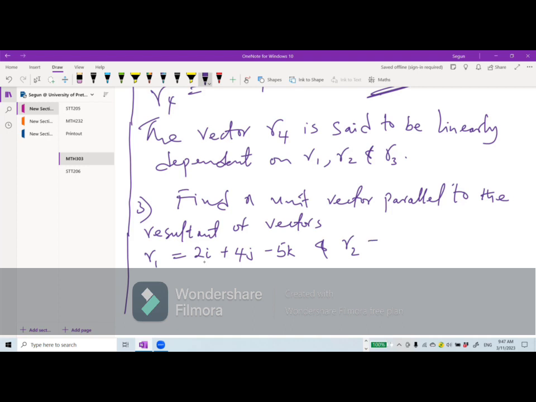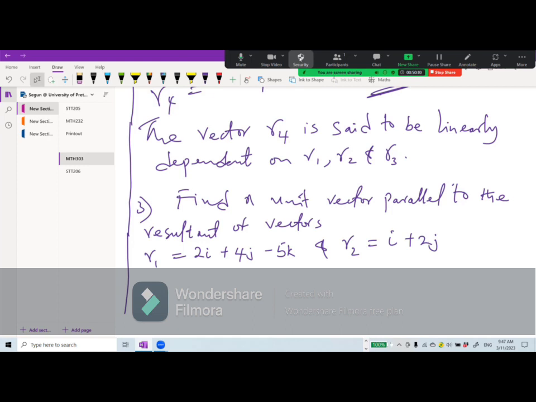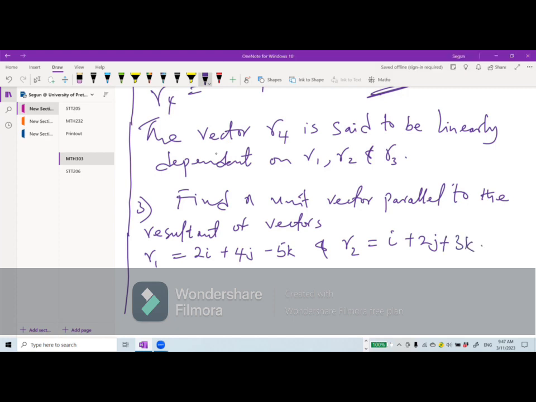and R2 equals i plus 2j plus 3k. So for resultants, in this case, let's solve this problem now.